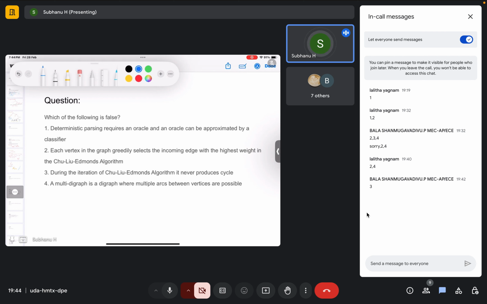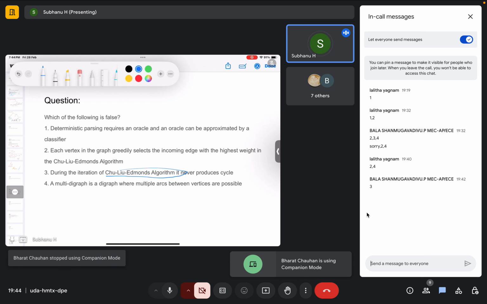Okay. So do you know what this algorithm is, this truly advanced algorithm? Why is there a need for a truly advanced algorithm?